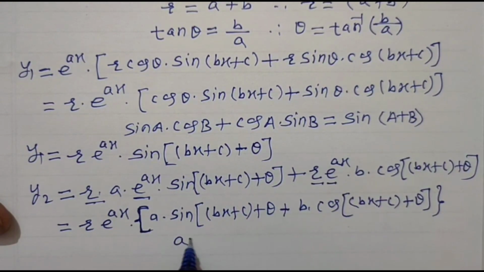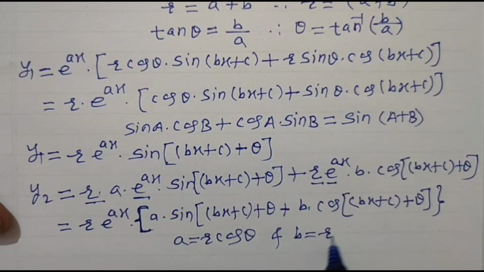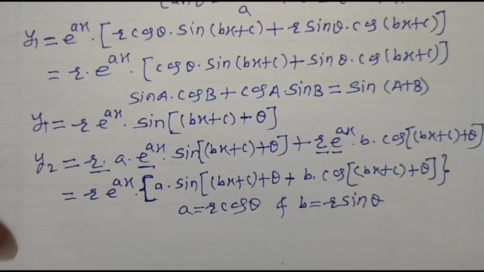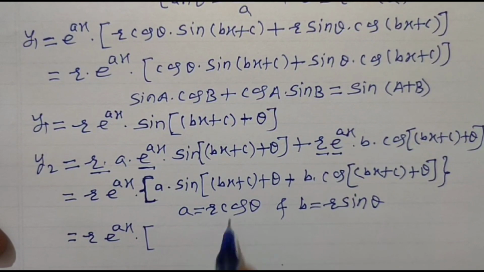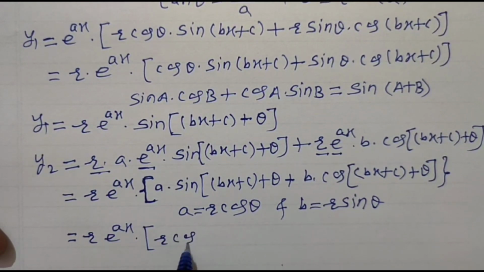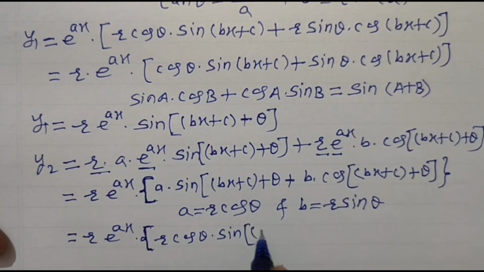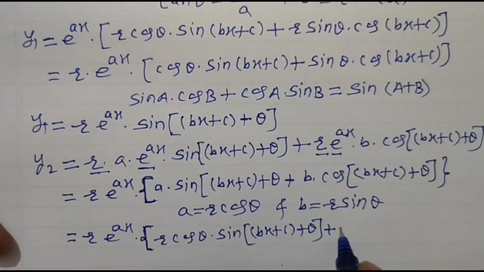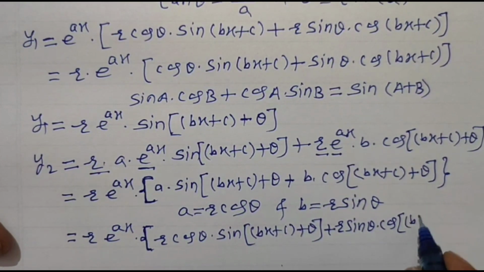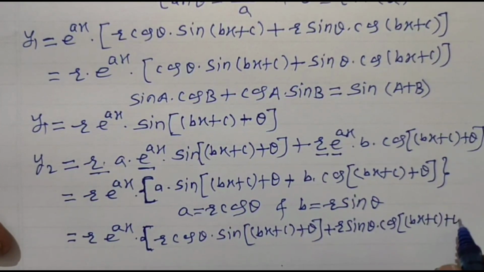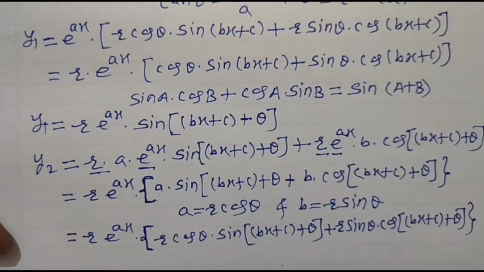Now a is equal to r cos theta and b is equal to r sin theta. Put here. Then this can be written as r into e to the power ax into bracket a is replaced by r cos theta into sine of bx plus c plus theta, plus b you are replacing by r sin theta into cos of bx plus c plus theta. Okay, and then bracket close.